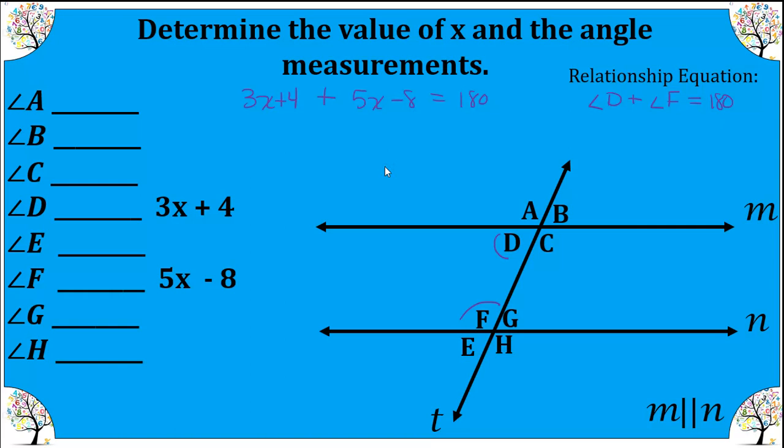Now we're going to combine like terms. They're on the same side. So we have 8x minus 4 equals 180. Solving for x. Divide by 8.